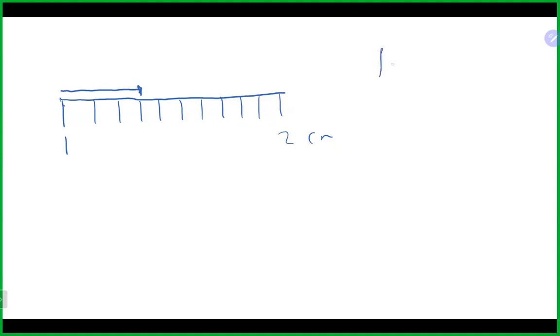And as we saw earlier, our large markings here are 1 centimeter. We still have our 1.1, 1.2, 1.3, 1.4, 1.5, 1.6, 1.7, 1.8, 1.9, and 2. Our small markings, because there are 10 markings between them, are going to be 0.1 centimeters.